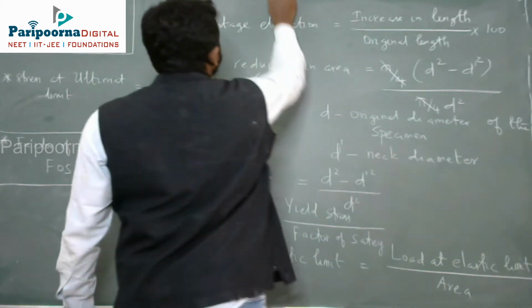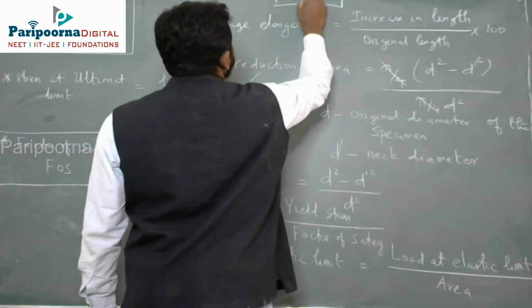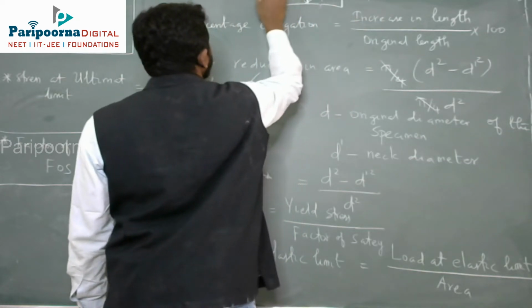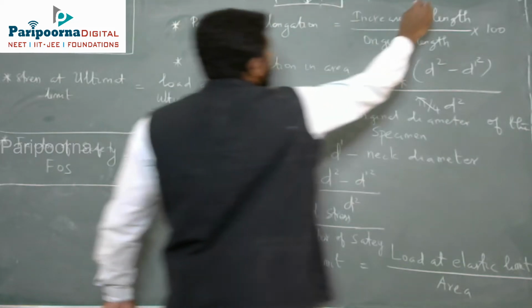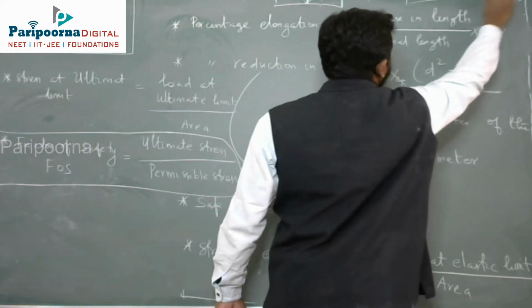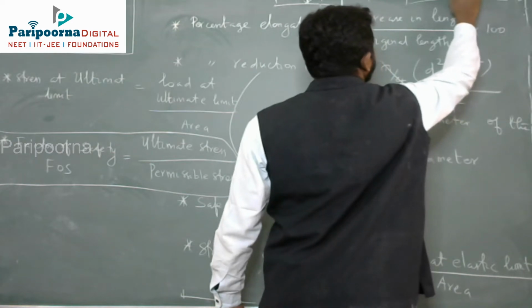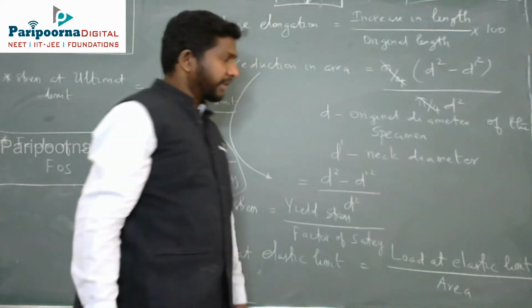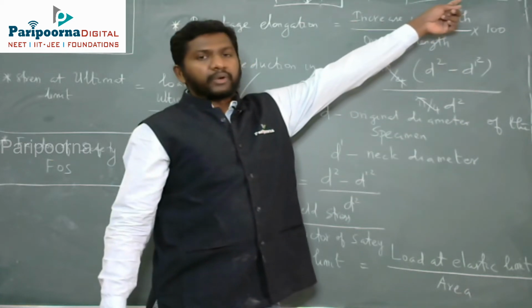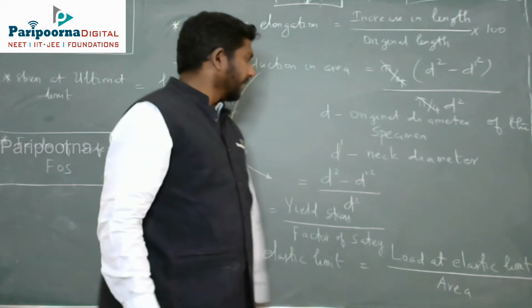Say this is the original diameter and tensile load is applied like this. Finally, after the failure, it will be like this, and this is nothing but d dash, the neck diameter. So d dash is nothing but the neck diameter while the breaking of the material is taking place.